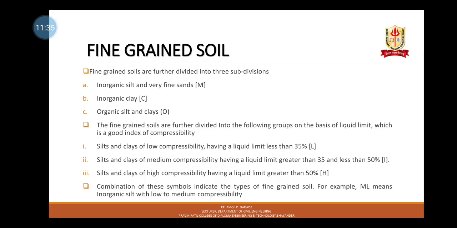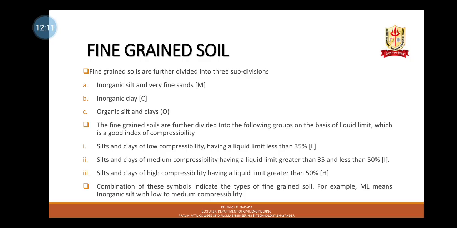The fine grained soils are further divided into certain groups on the basis of their liquid limit, which is a good index of compressibility. Silts and clays of low compressibility, having a liquid limit less than 35%, that is L. Silts and clays of medium compressibility, having a liquid limit greater than 35 and less than 50%, that is I. Silts and clays of high compressibility, having a liquid limit greater than 50%, that is H. Combinations of these symbols indicate the types of fine grained soils.